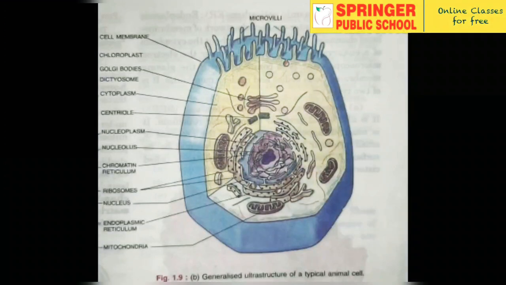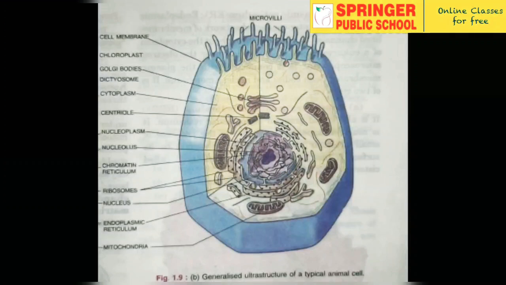You can also see the microvilli on the uppermost surface of the animal cell. The microvilli are meant for the anchorage of the animal cell, because all the cells remain attached with each other, by which they can form the multicellular organism. Apart from anchorage, microvilli are also helpful in providing mechanical support to the cell.